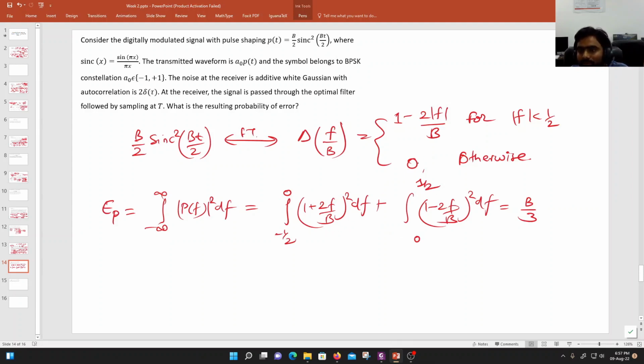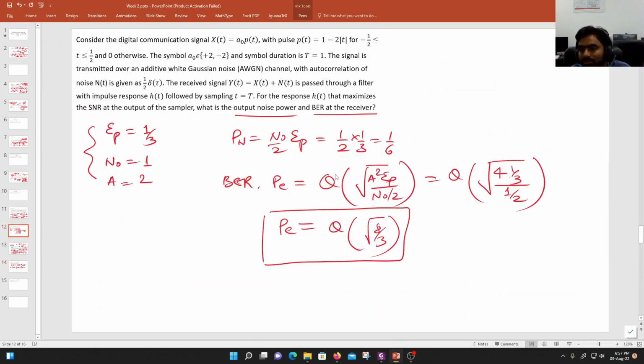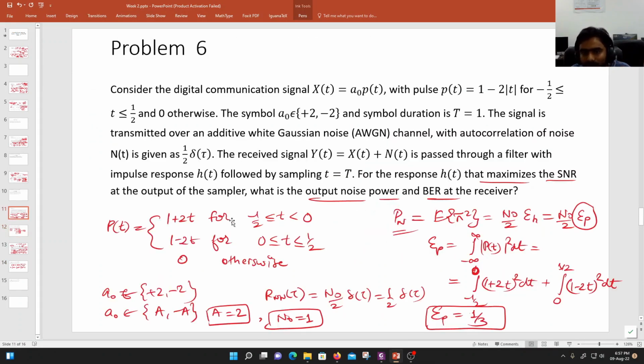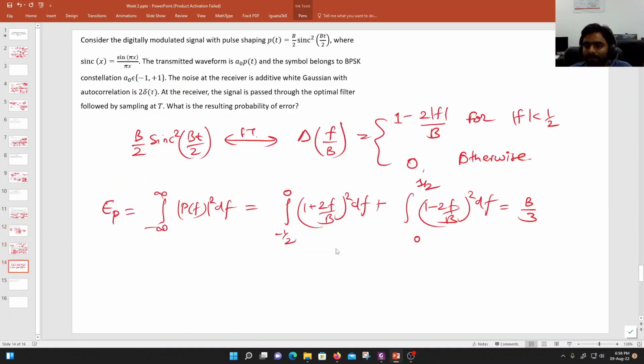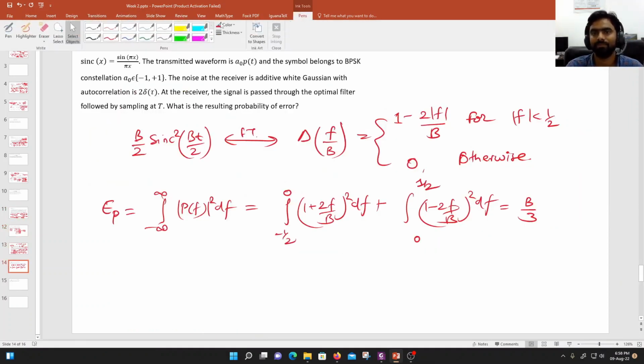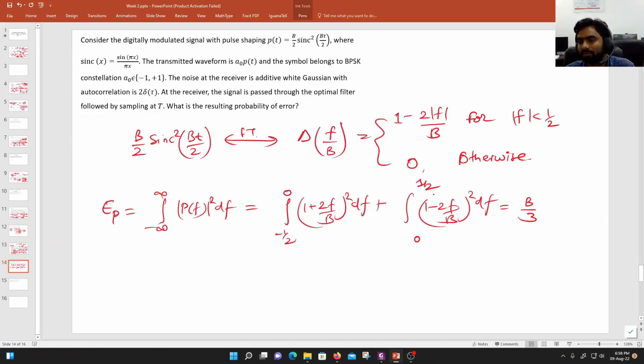No, the limits are okay, but inside the expression. Because in the previous problem also we have seen, minus half to 0, it would be plus 1 because for the negative. Yes, but limits were not correct. So correct the limits from 0 to half. So it would be b by 3.